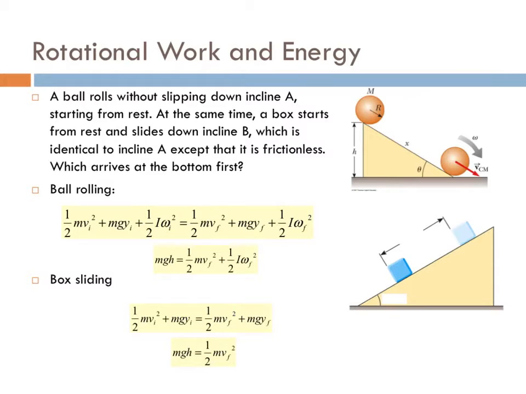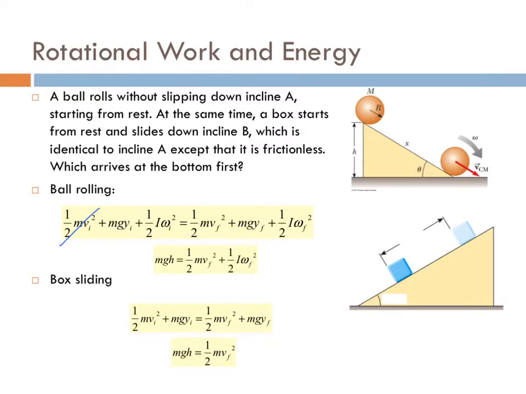This example is also a very common example. It says a ball rolls without slipping down incline A, starting from rest. At the same time, a box starts from rest and slides down incline B, which is identical to incline A, except that it is frictionless. Which arrives at the bottom first? So we can start with our conservation of energy equations. At the very top, we have 0 velocity.